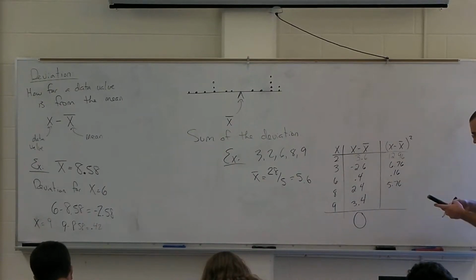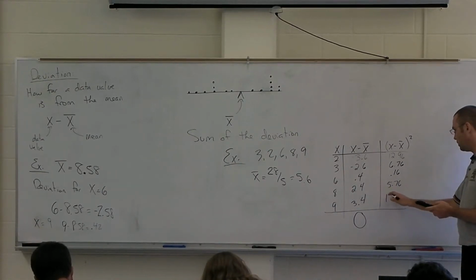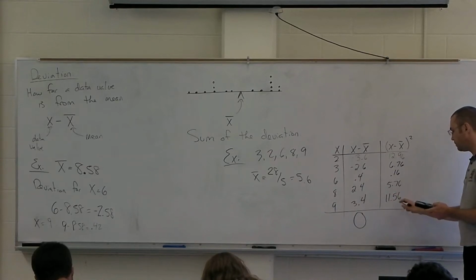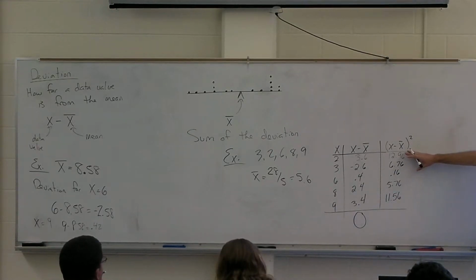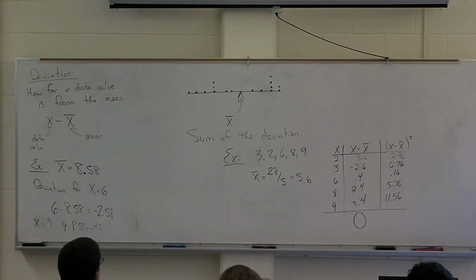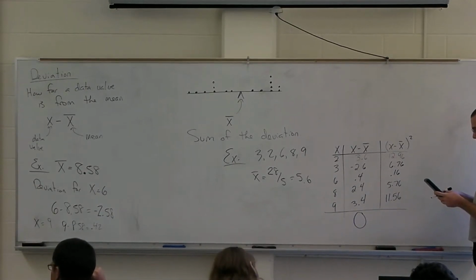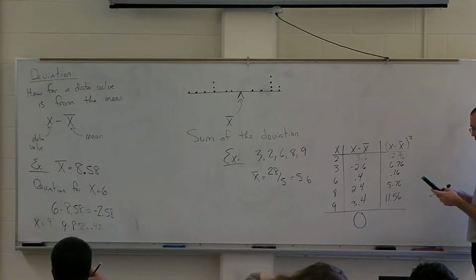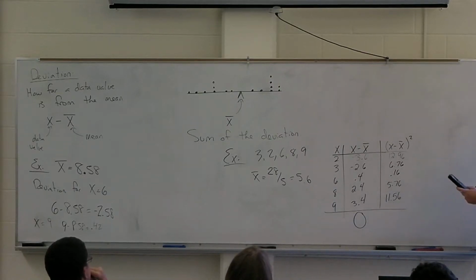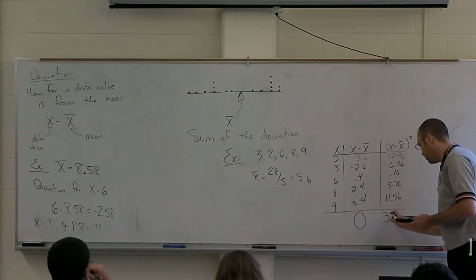And 3.4 squared is 11.56. I now have a bunch of positive numbers. When I add all these numbers up, I'm going to get something positive out. When I do that, what do I get? 12.96 plus 6.76, 0.16, 5.76, 11.56. Add all these up, I get 37.2.